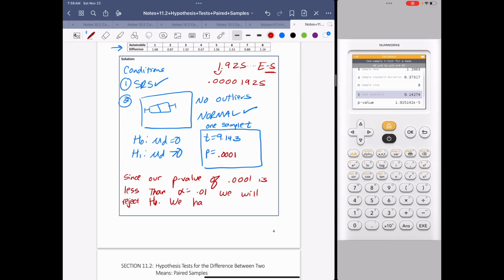We have enough evidence to conclude the true mean difference is greater than 0. And I just went right to H1 to get that conclusion. In other words, the gas mileage improved.